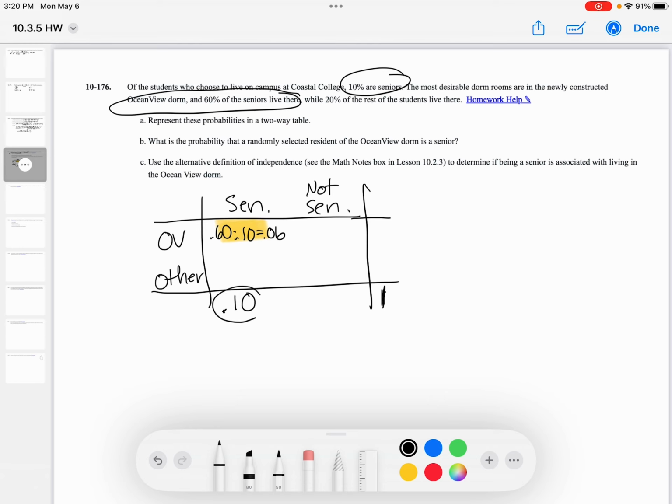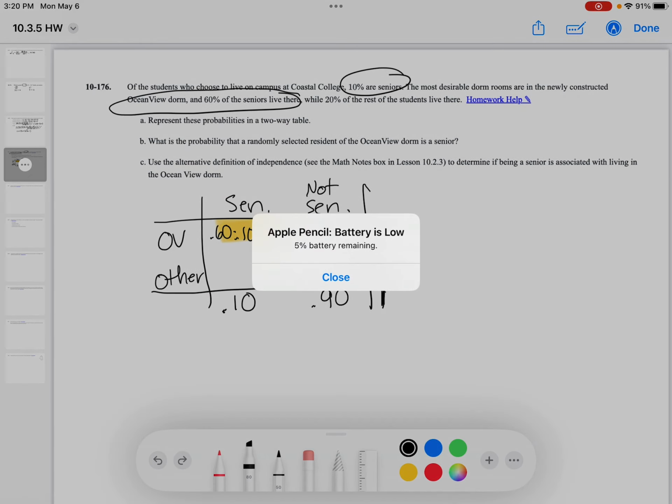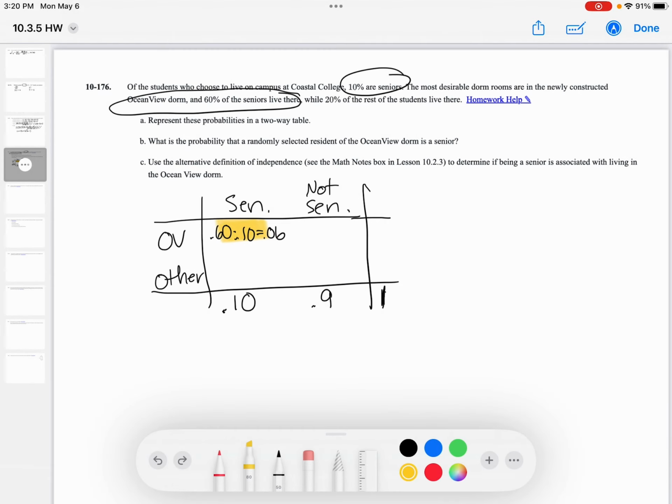So if this is 0.1, what's this? 0.9. So to find this box, I'm going to use 0.9 times 0.2. That's 20% of all the rest of the students. So that's going to be 0.18.